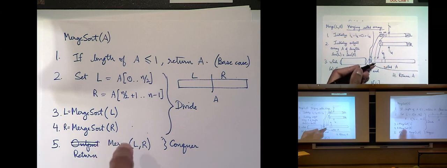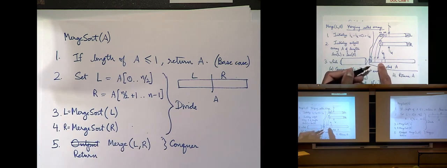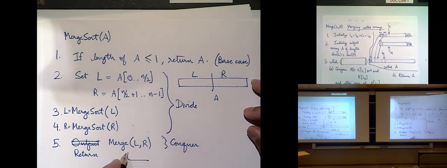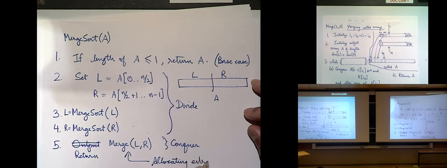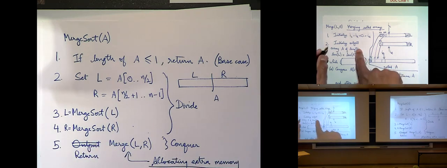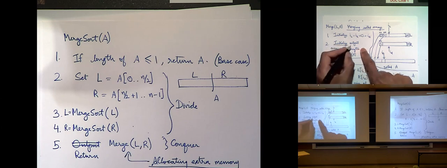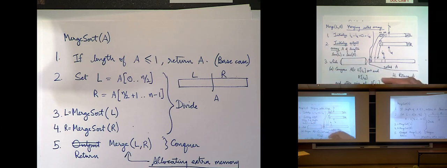So the merge operation allocates extra memory, and that allocation is happening right here when I say initialize the output array. Okay? So more memory is being used.